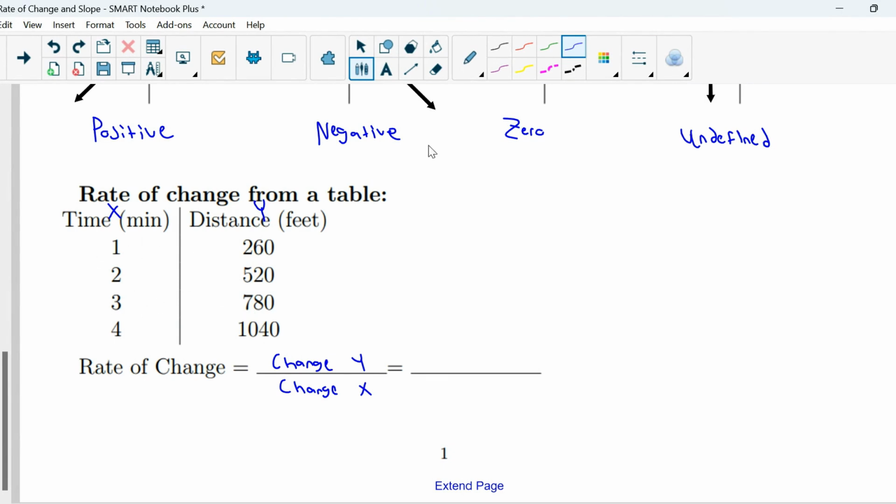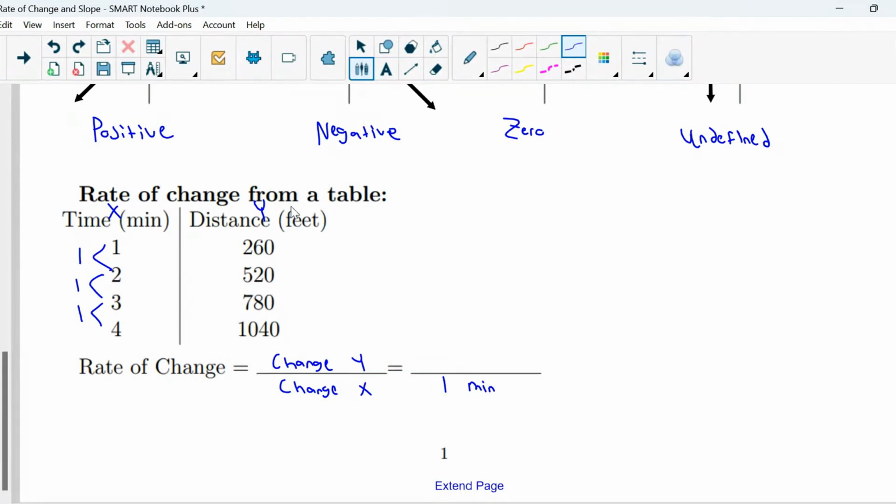Okay, so let's start by looking at our change in x, or a change in our time. From 1 to 2, we have a change of 1. From 2 to 3, we have a change of 1. From 3 to 4, we have a change of 1. So our change in x would just be 1, and then our unit, which is minutes.